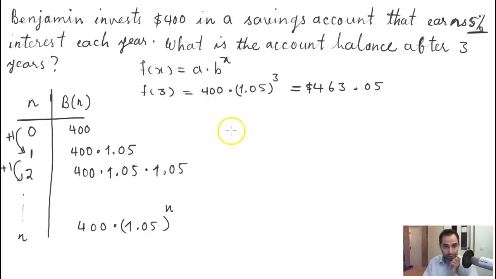So 400 times 1.05 raised to the nth power, and here I have the third power, which means after 3 years, which is 463.05. Now there are different ways of writing this expression, which is important.